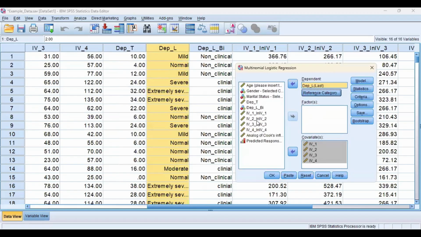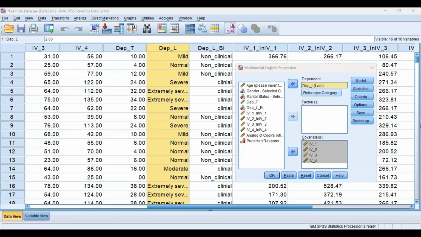For example, it can show you that higher levels of IV1 can increase the odds of having severe levels of depression compared to mild levels of depression. So it can do this by pairwise comparisons in your analysis. However, it can do this to just one of the levels of your DV as the reference.